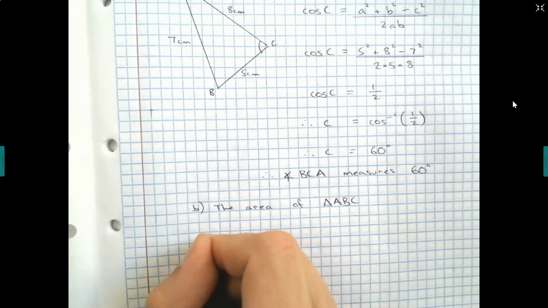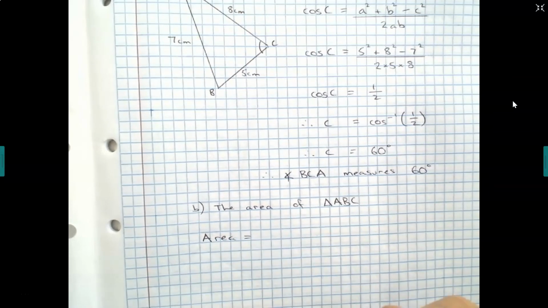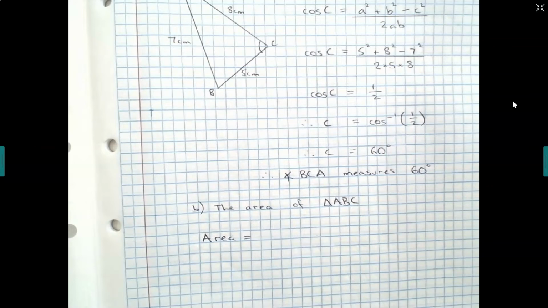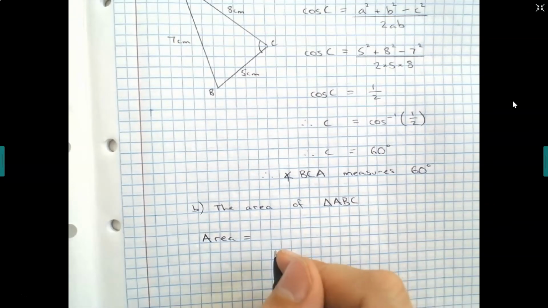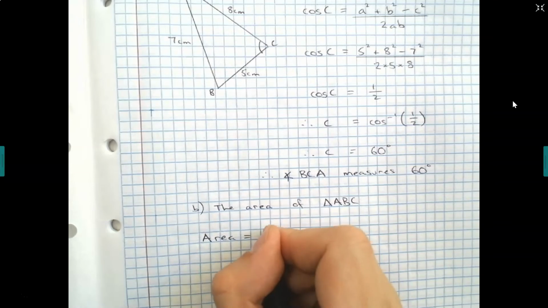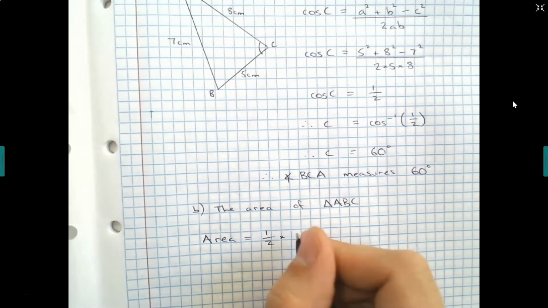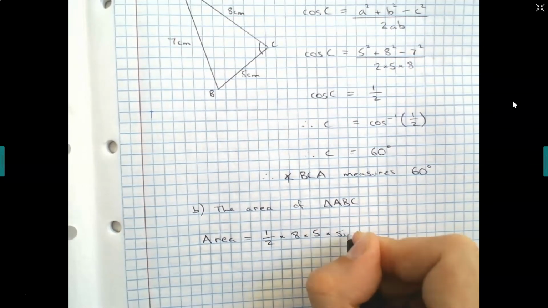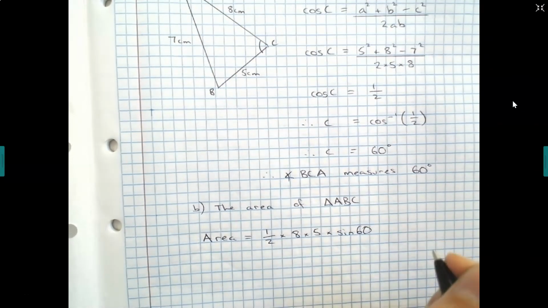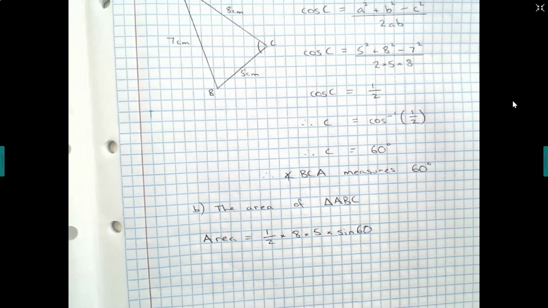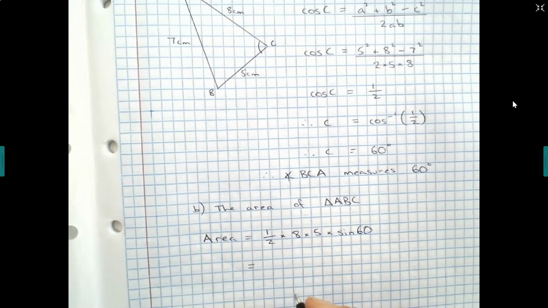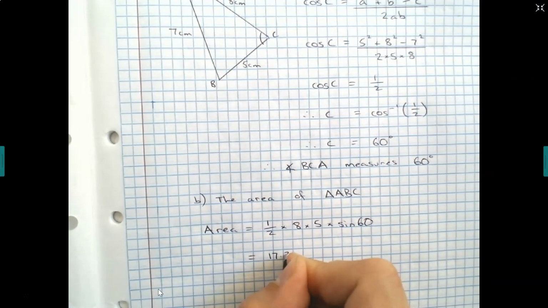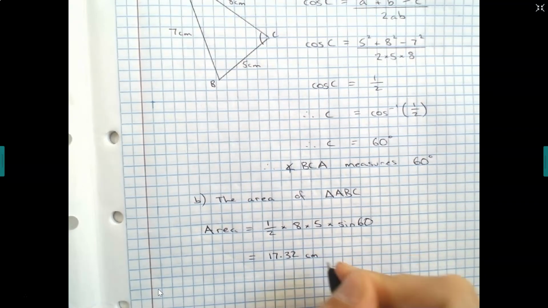So we know that area will be equal to, remember we now have an angle and two included sides, therefore we can apply our formula, which is a half times 8 times 5 times sine of our included angle, which is equal to 17.32 centimeters squared.